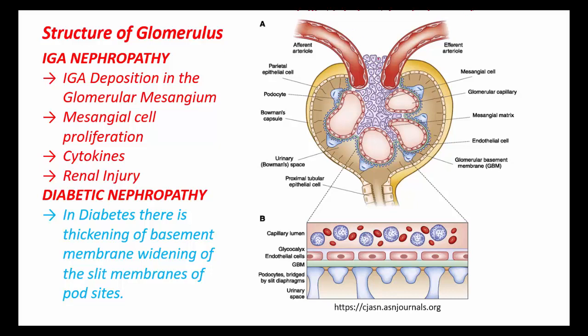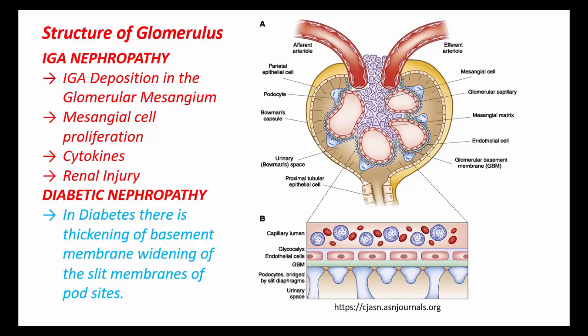There are some cells here that are called the mesangial cells, and these are the glomerular capillaries that are lined by endothelial cells.